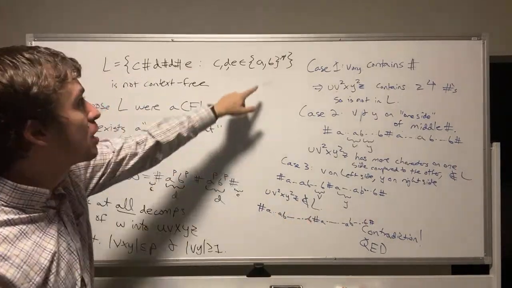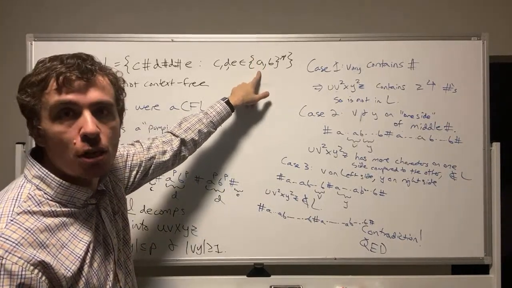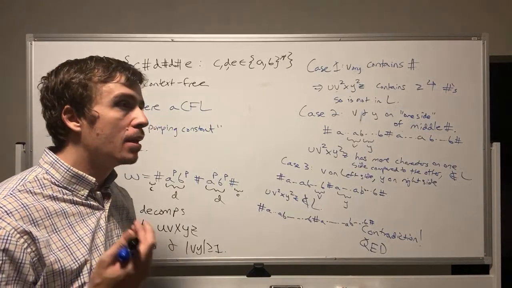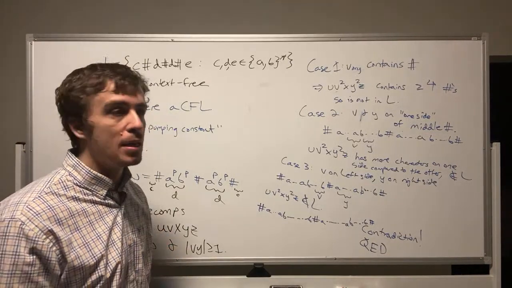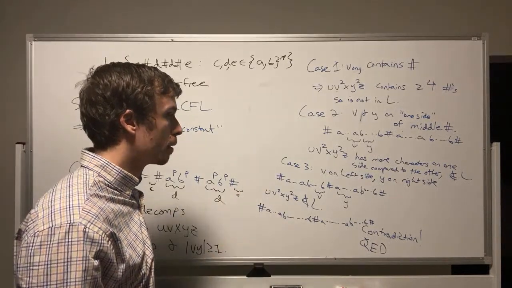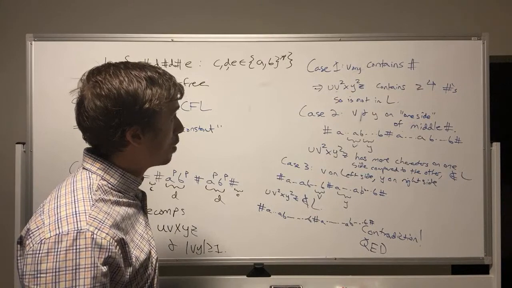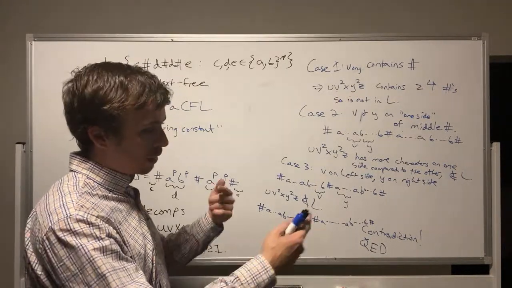So it's actually important that this language is over AB star instead of just like A star, because this language would actually be context free if it were, would it be? Yeah, it would be, because you can just expand.